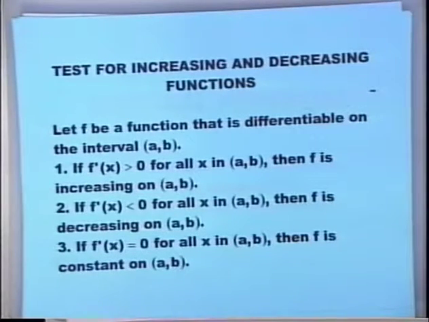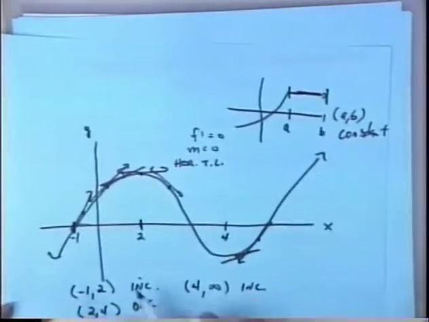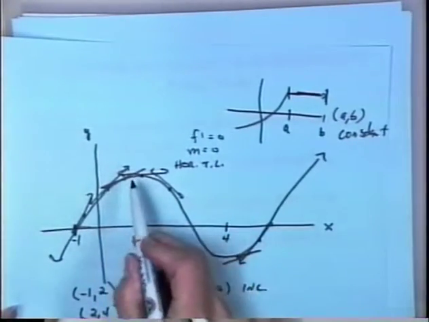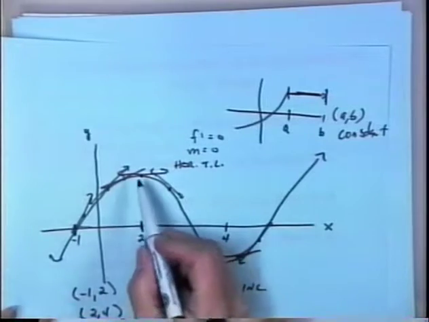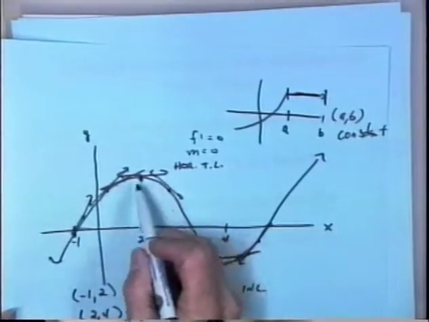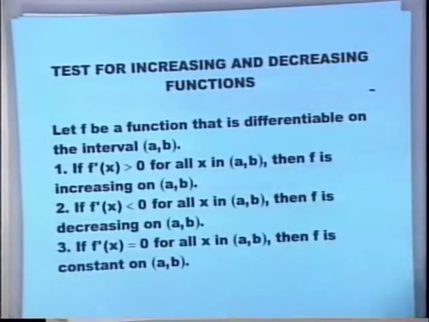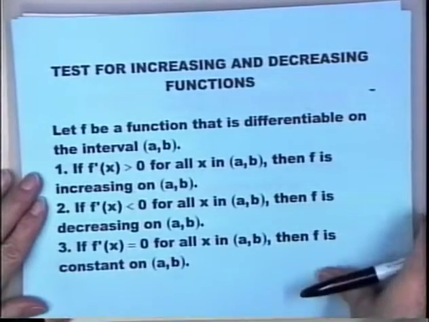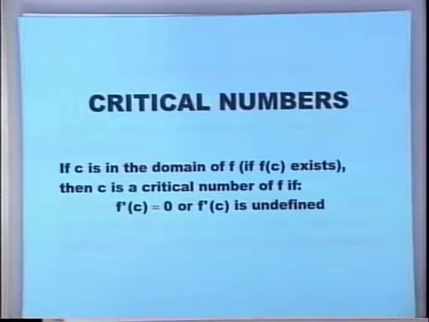Now, as I mentioned in this sketch, if our curve is increasing for a while and then it changes to decreasing, there's going to be a place where that change takes place.